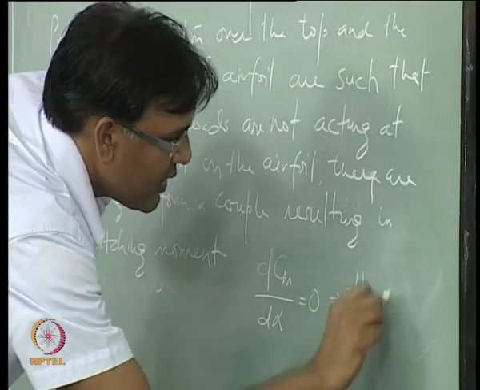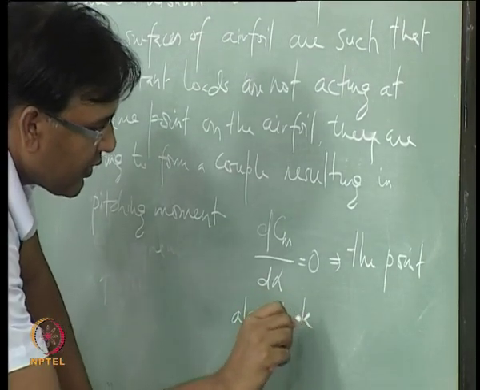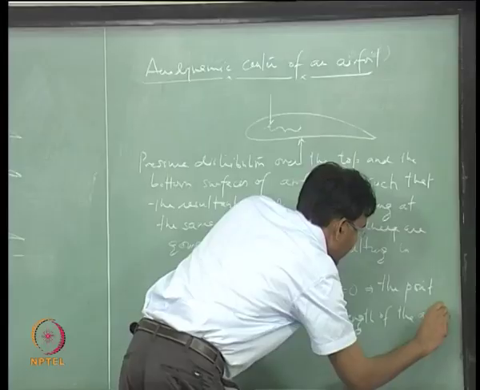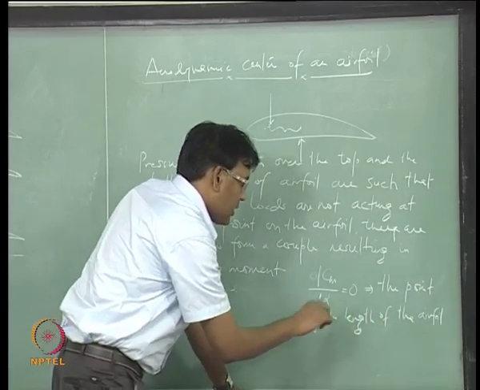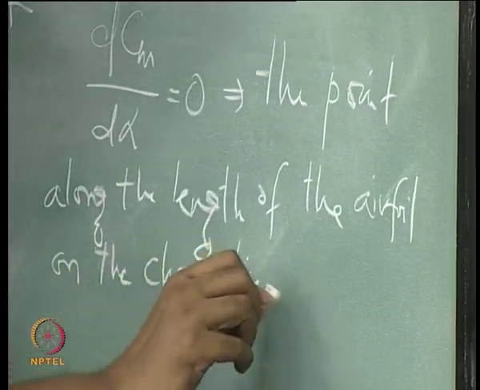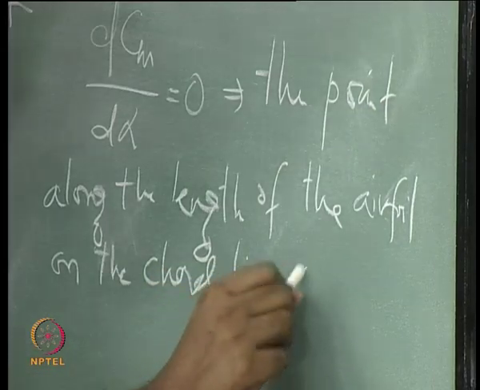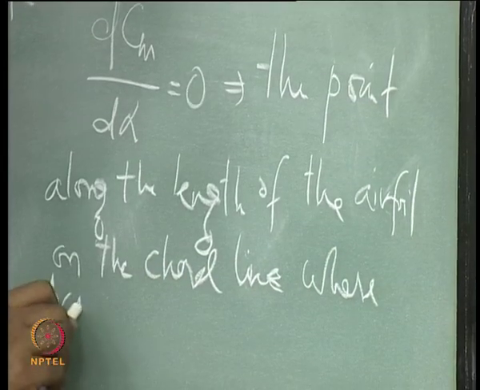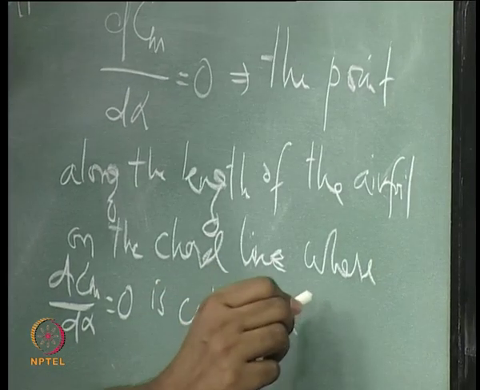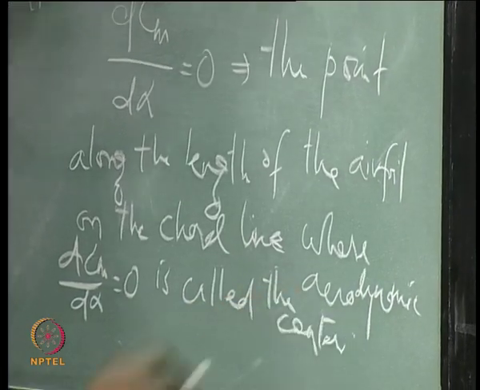So, the point along the length of the airfoil on the chord line where dCm over d alpha is 0 is called the aerodynamic center.